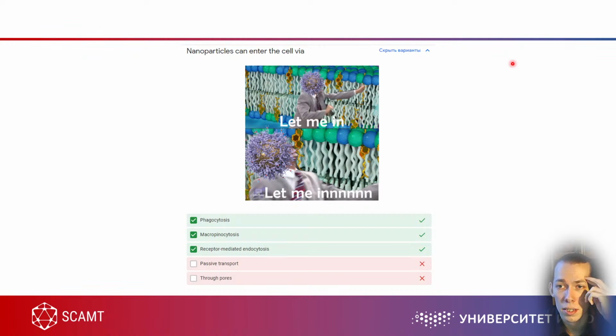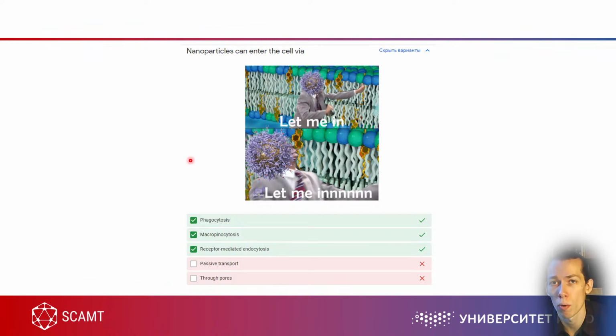Nanoparticles can enter the cell via several ways. So there are three correct options. It can be phagocytosis, it can be macropinocytosis, or receptor-mediated endocytosis. And I believe this year no one picked passive transport, because previous year so many, almost everyone, picked passive transport.